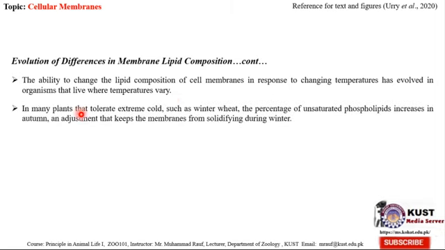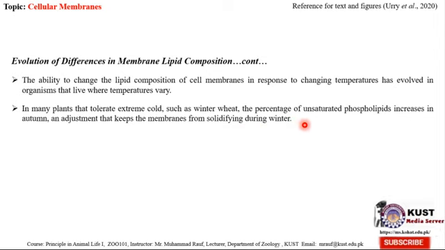In many plants that tolerate extreme cold, such as winter wheat, the percentage of unsaturated phospholipids increases in autumn, an adjustment that keeps the membranes from solidifying during winter.